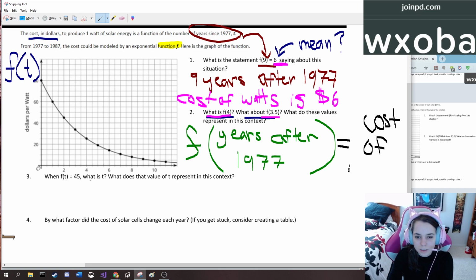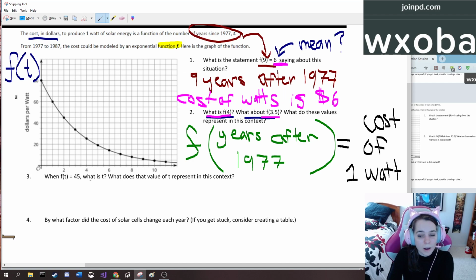So this is the cost of 1 watt. So 1 watt of energy is going to change as the years go on. Okay, and this kind of makes sense because as the years go on, making solar energy is going to be cheaper and cheaper because our technology is going to get better and better.